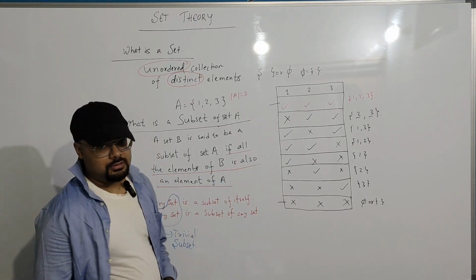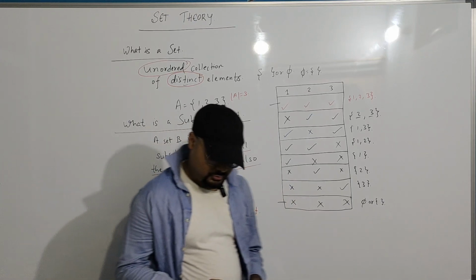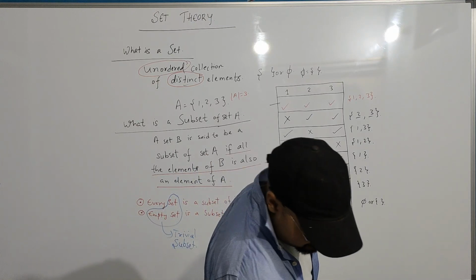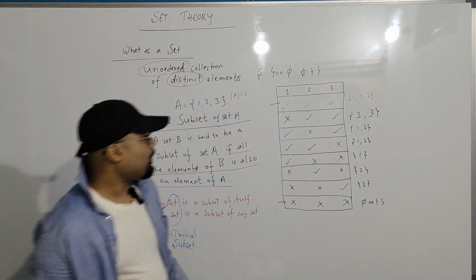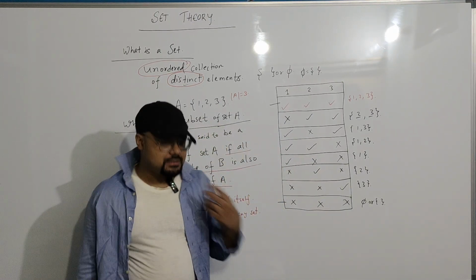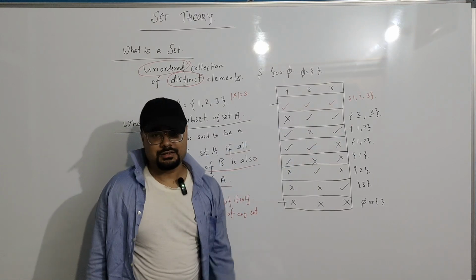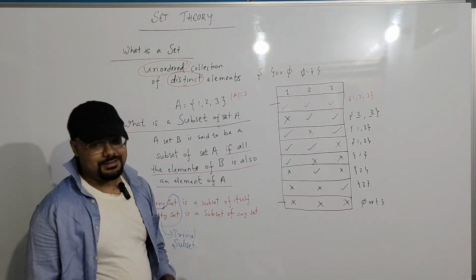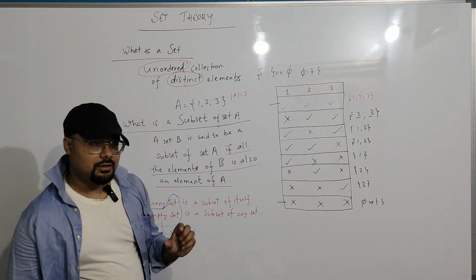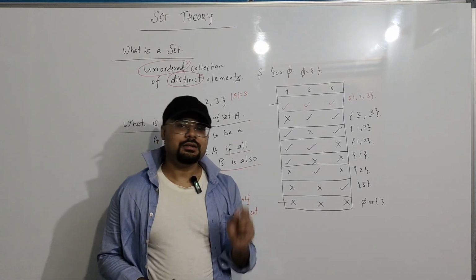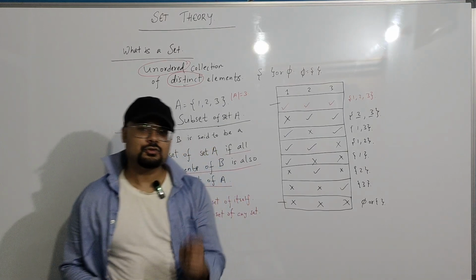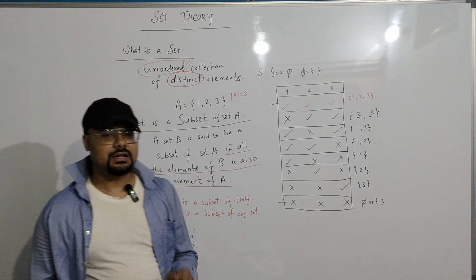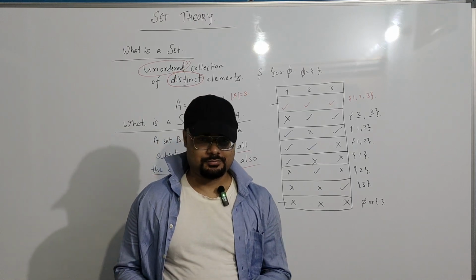One more thing, there is something called a proper subset. So what is a proper subset? A proper subset is a subset of a set that is not the set itself. In a proper subset, the cardinality has to be less than the cardinality of the set.